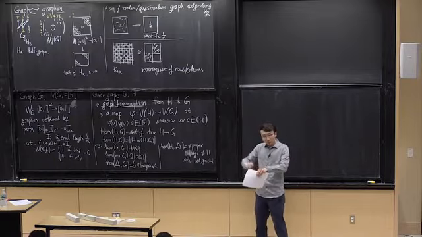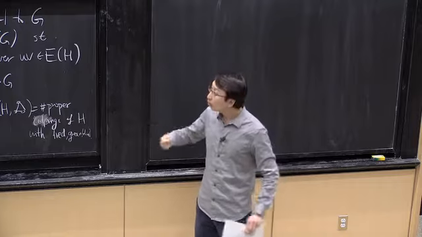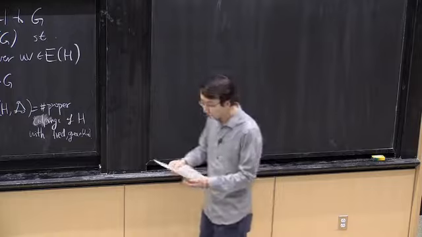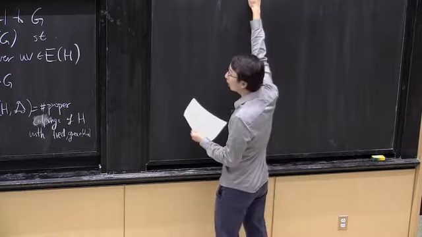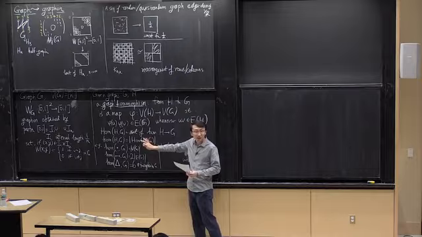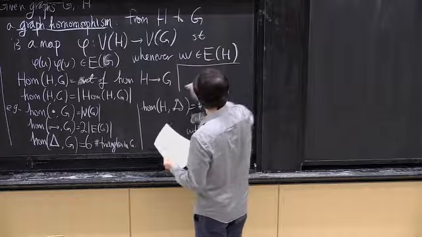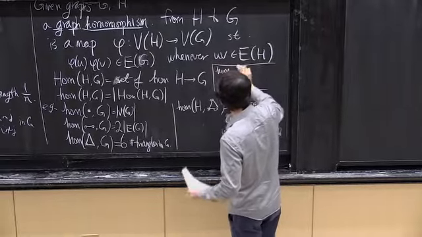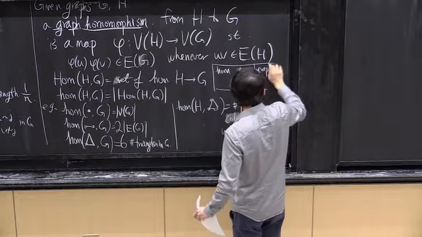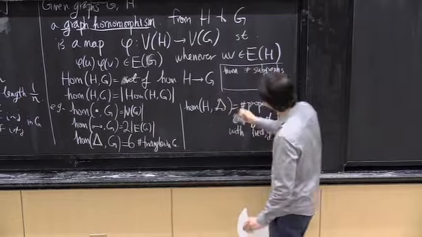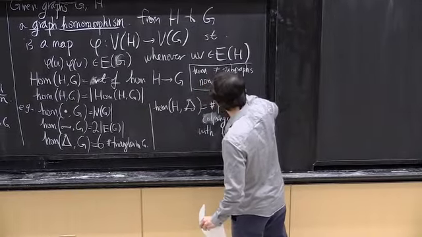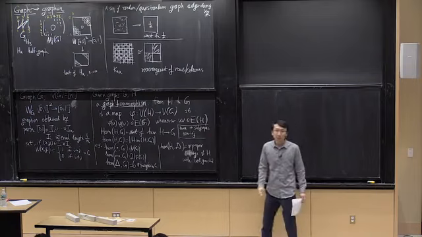When we're thinking about very large graphs, often it's not the number of homomorphisms that concern us, but the density of homomorphisms. The difference between homomorphisms and subgraphs is, okay, homomorphisms are not quite the same as subgraphs, other than this multiplicity, because you might have non-injective homomorphisms.